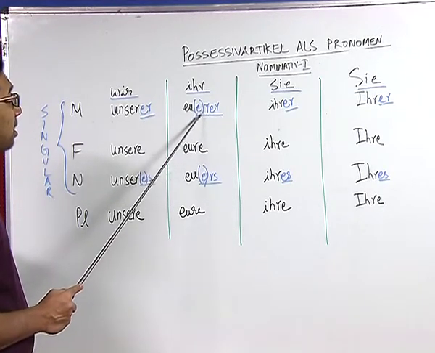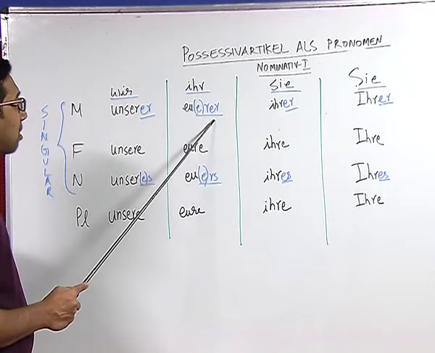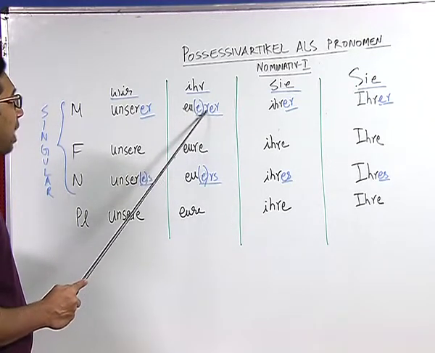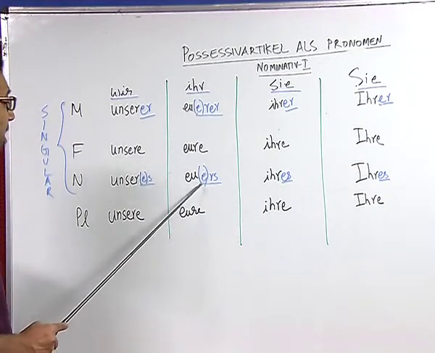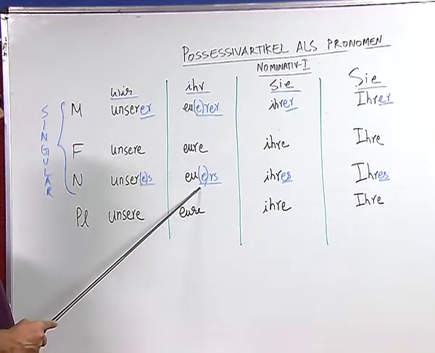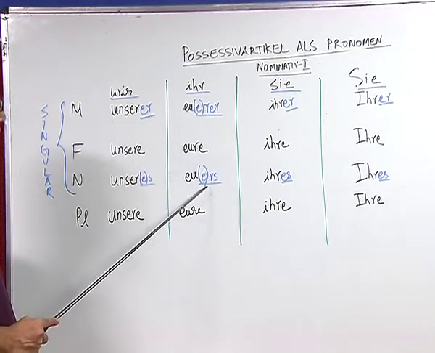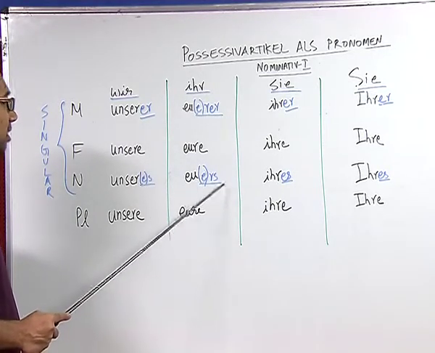So, while writing, we should either write eurer or euerer. And in the same way, we should write the possessive article pronoun of euer, as eures.